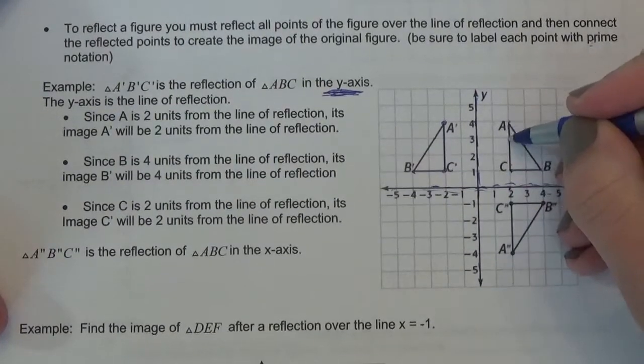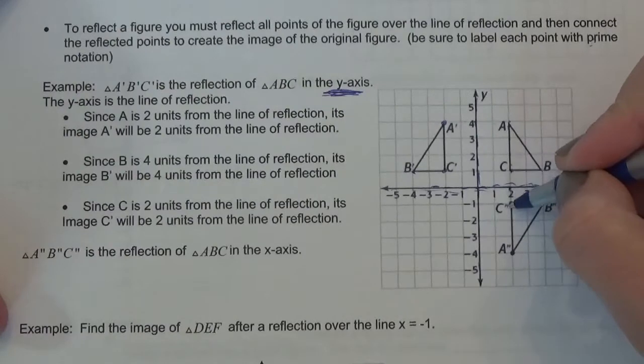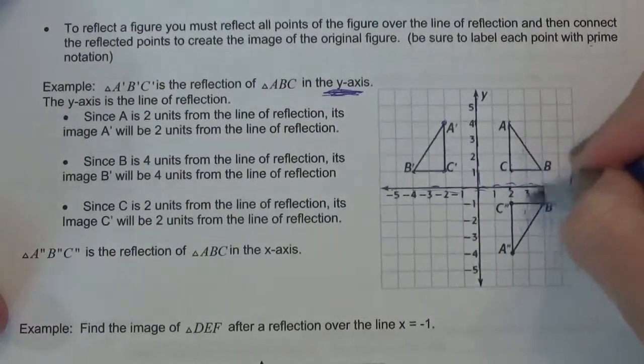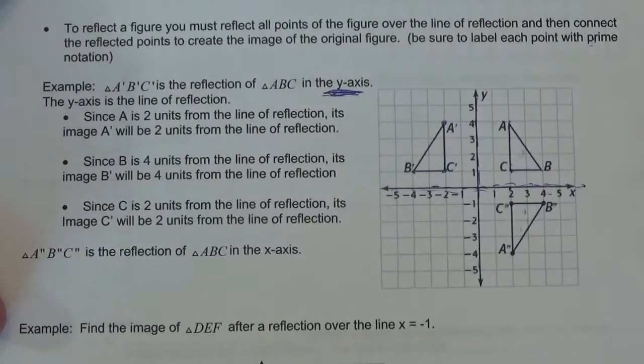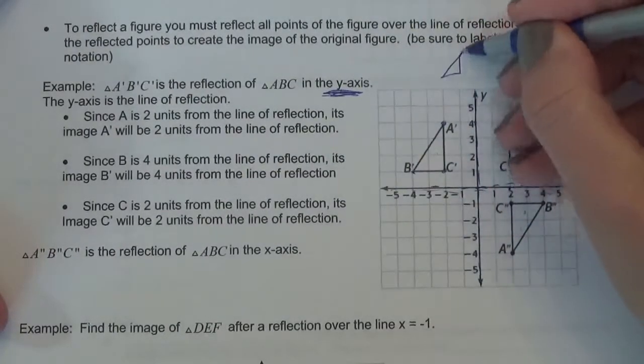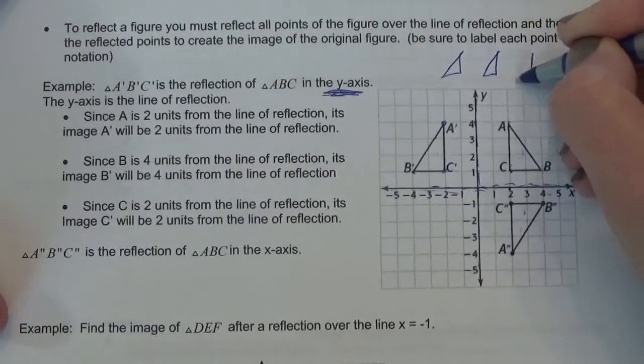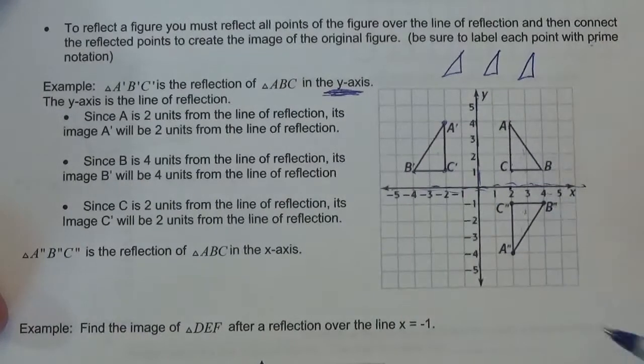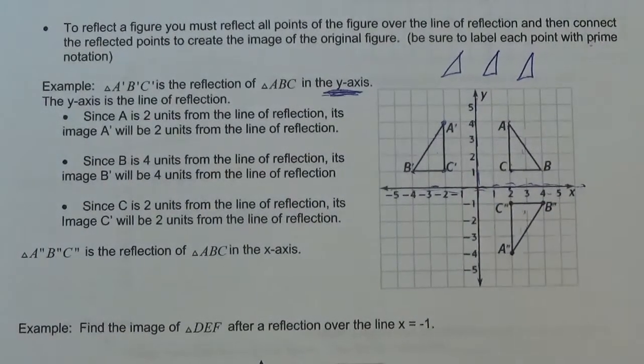You get the idea. A is 1, 2, 3, 4 away, so it's 1, 2, 3, 4 away on the other side. It should look like a mirror image, right? Remember yesterday our image stayed looking the same, it would just move around still looking like this. Now look what's happening, things are flipping, all right? Just like reflecting in a mirror.